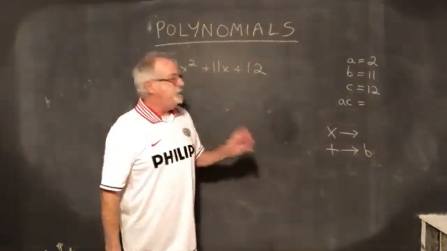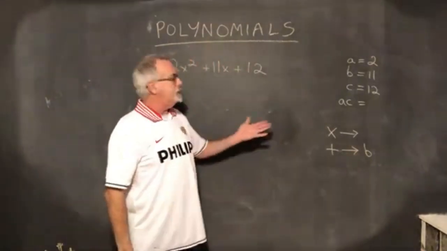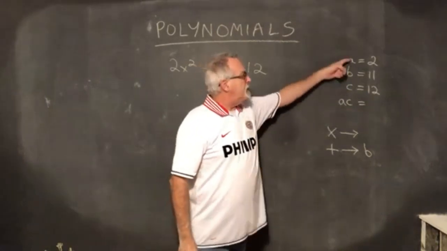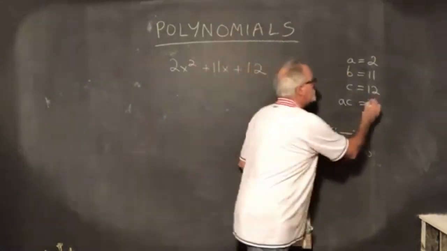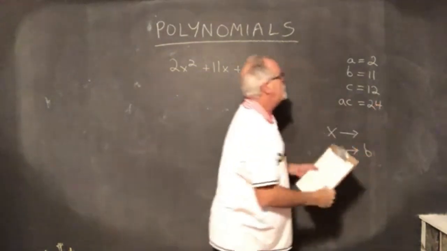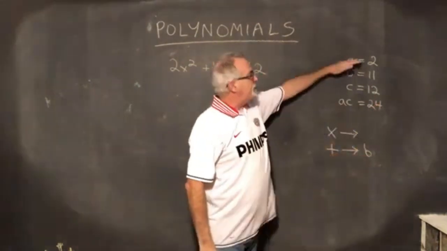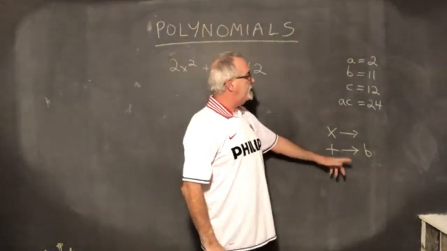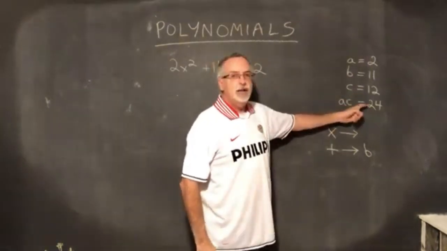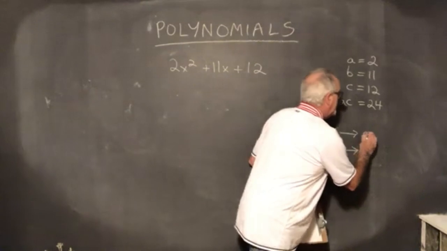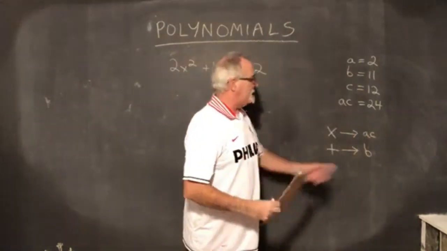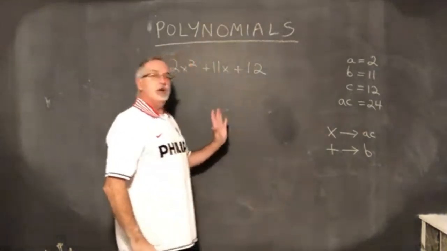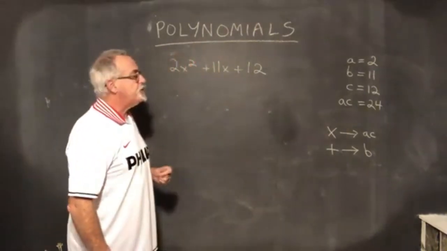AC, as you know, is A times C. So what's A times C? That's 2 times 12. AC is 24. So we have a fourth value to find when we do this step. And when we find our two numbers that multiply to give, not C, but AC, they still have to add to give B. So a couple little things change, but not very much.